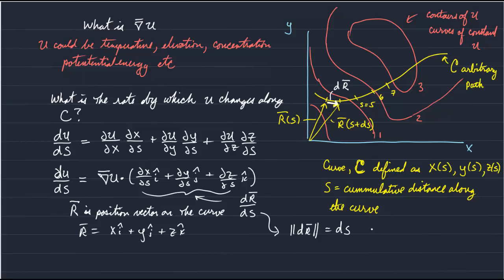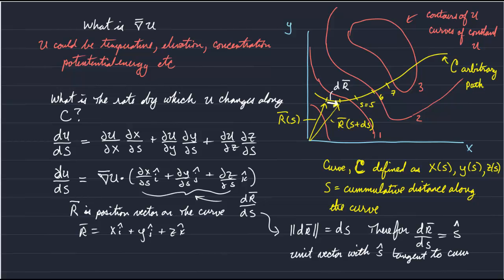And so therefore, dr/ds is a unit vector in the direction s hat. So this is a unit vector s hat tangent to curve C.